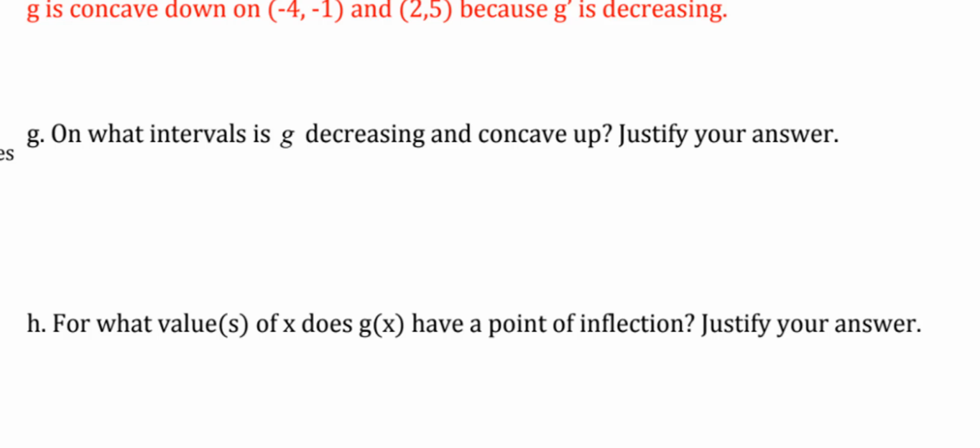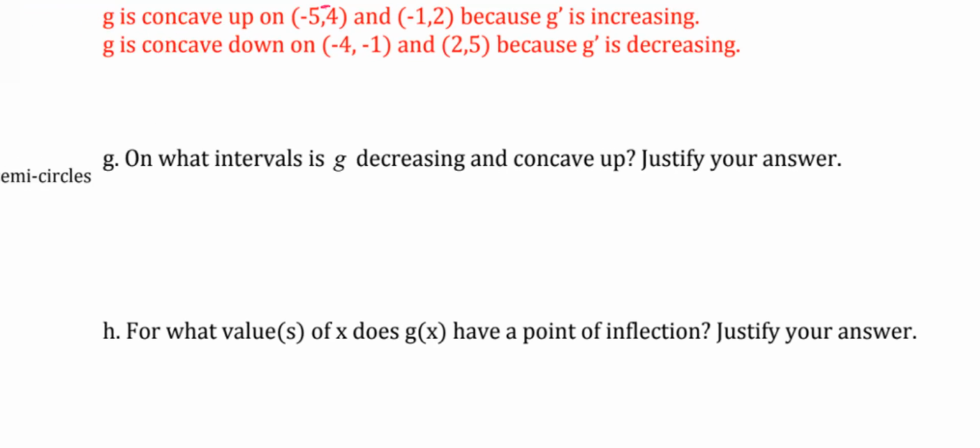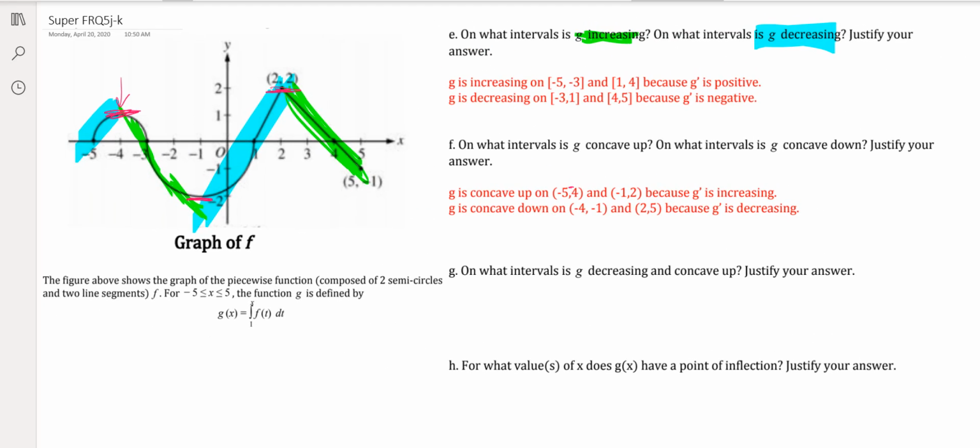Now I'm actually going to take a look at question H first, because we just finished dealing with concavity. In part H, we want to know the x values where g of x has an inflection point. We see three different spots where our concavity changes: one at x equals -4, one at x equals -1, and the other at that sharp turn at x equals 2.